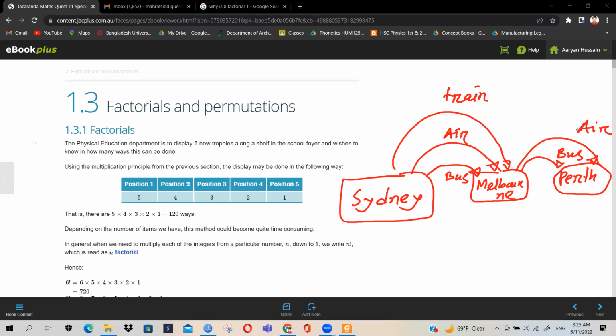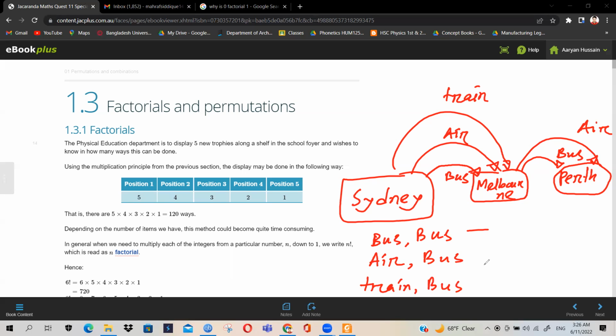Now, what permutation implies is the total number of ways you could go. We will calculate that. Say for instance, you could either go by bus and then take another bus. That could be a way. You could take air and then go via bus. That is another way. You could take train and then take a bus. That is another way.